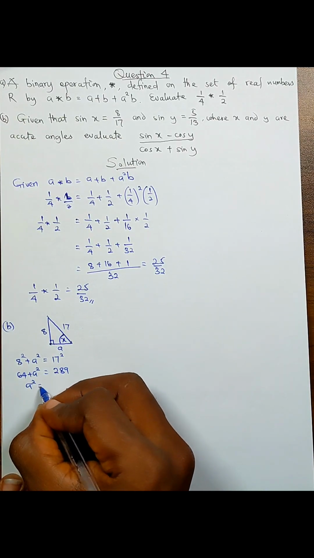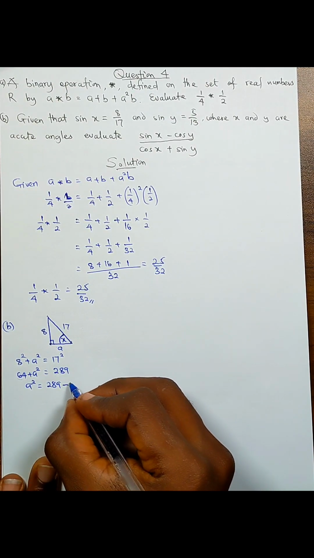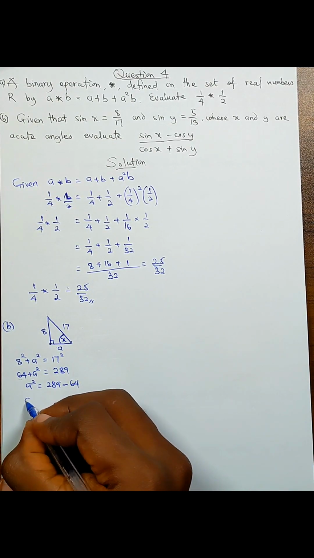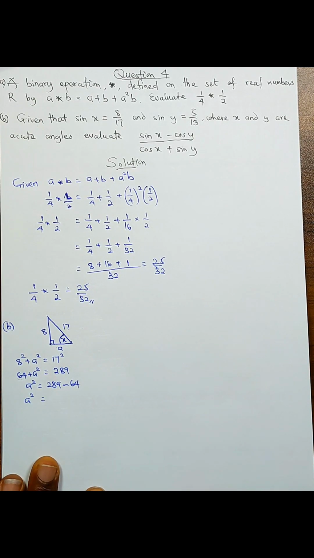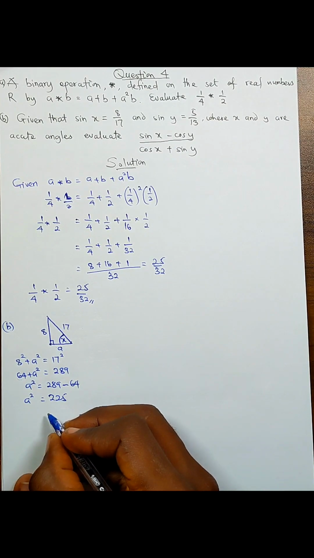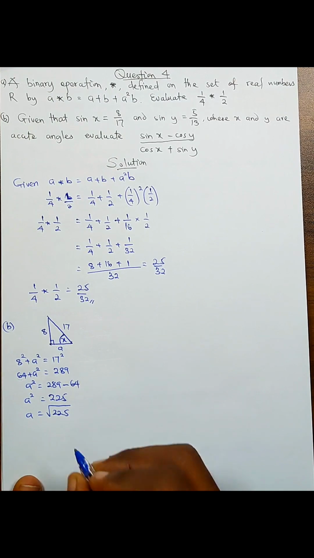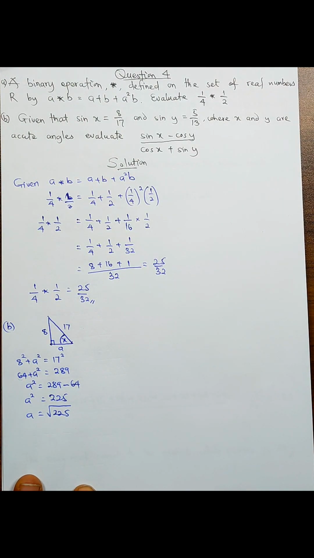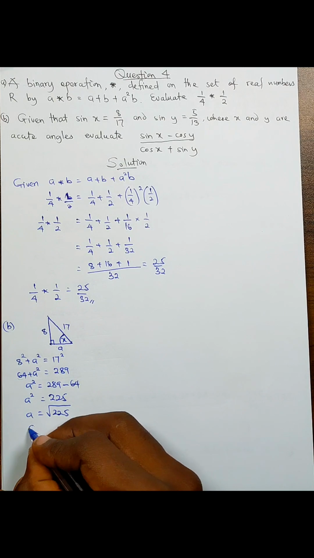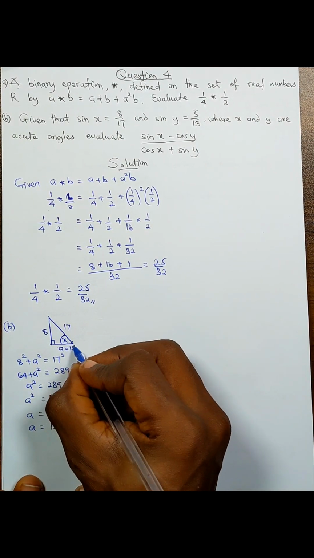So A squared is equal to 289 minus 64, since 64 goes to the right and becomes negative 64. That gives us 225. So A is going to be the square root of 225, which gives us A is equal to 15.